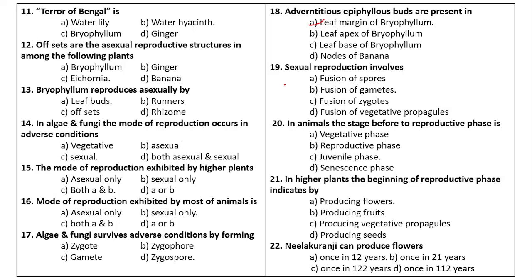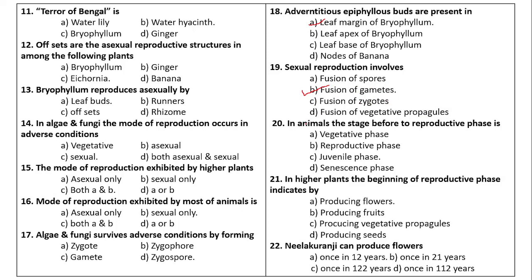Here, sexual reproduction involves not the fusion of spores, not the fusion of zygotes, not the fusion of vegetative propagules, but the fusion of gametes, because gametes are haploid in nature. Spores will not be fused together, right? So the option is fusion of gametes.